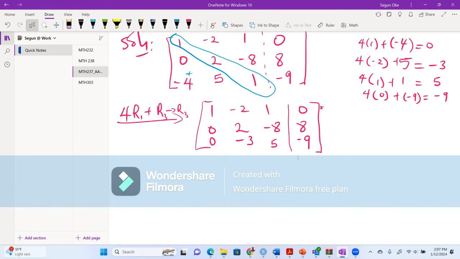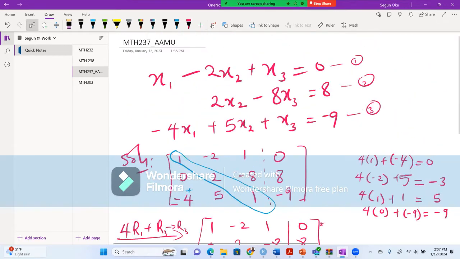Can we make this one 9x3? Let's make it 9x3, the last one.